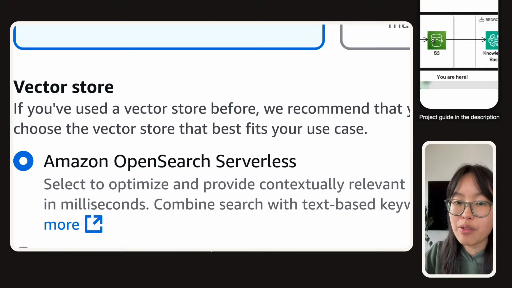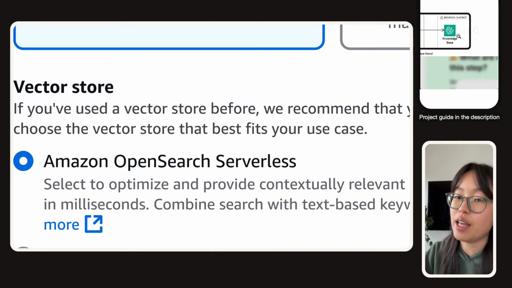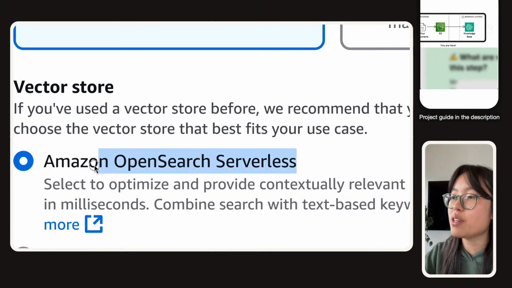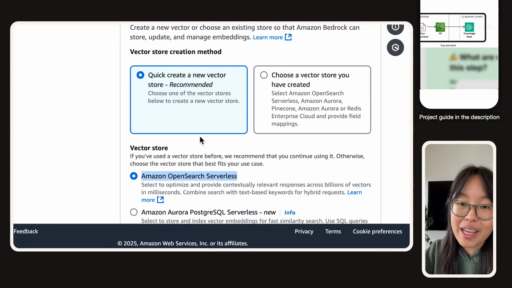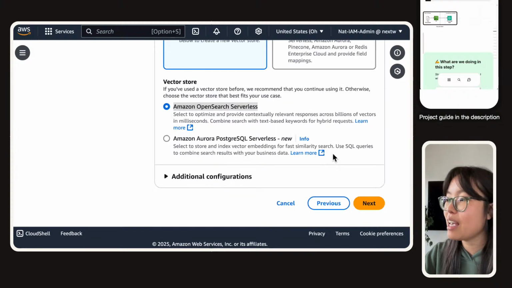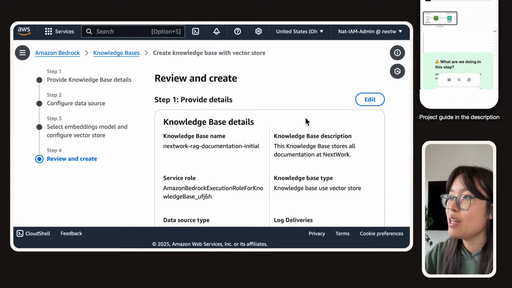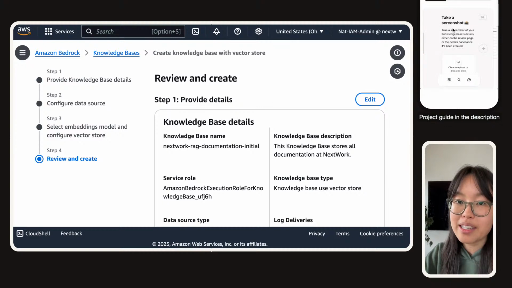So the information that we've stored in here is going to get processed here. And once it's processed, it goes to another service. OpenSearch Serverless is that other service that stores all the processed information, and that's the reason why we're picking it here. So we're going to pick OpenSearch Serverless, and move on next to review and finalize the creating of our knowledge base. That was pretty quick.